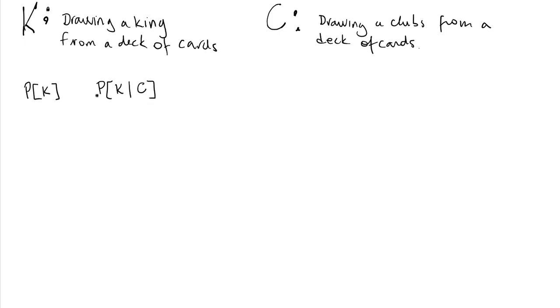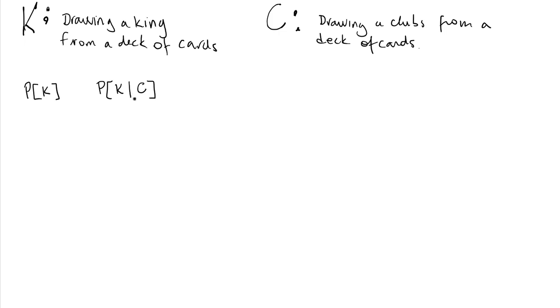To check for independence, we have to have these probabilities be equal. Or you can think about reasoning and knowing if the probability would change. So let's think about this. If you draw a club, what does this inform you about drawing a king?